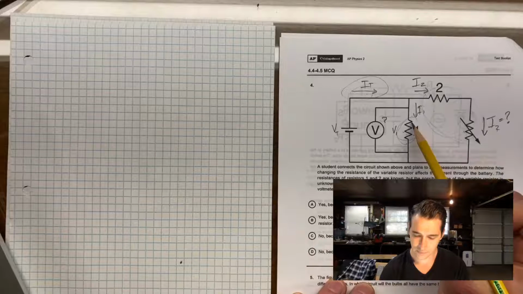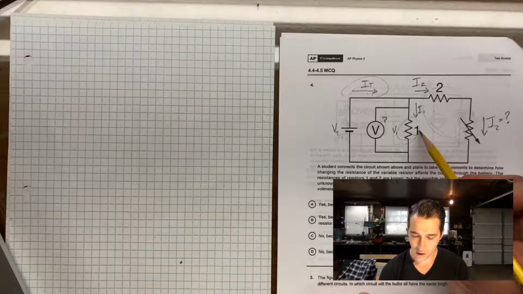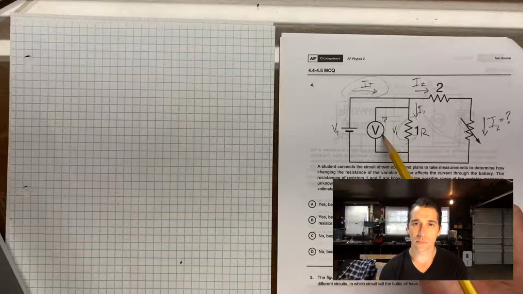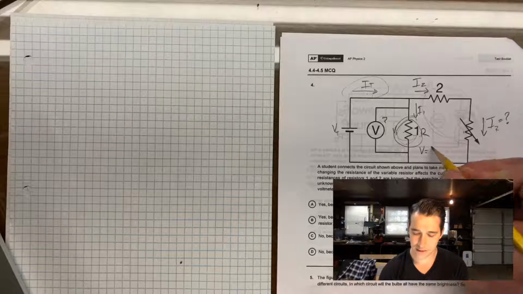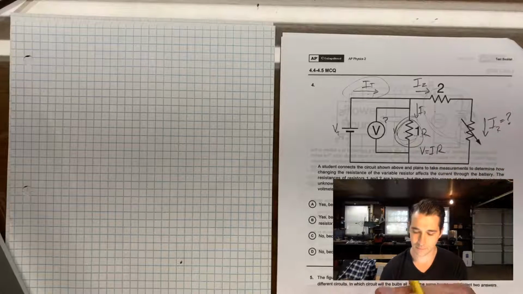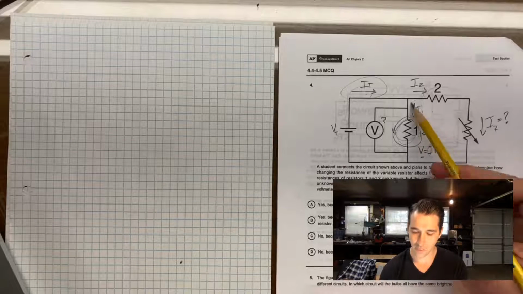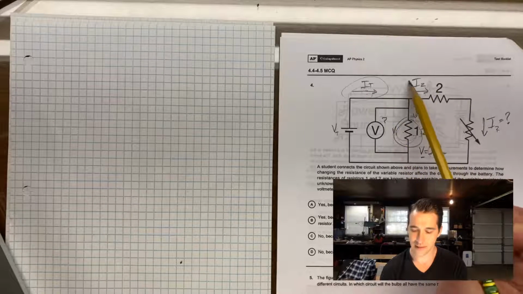You see this and you say, all right, I know R, I know the voltage here, so I could use Ohm's law, V equals IR. I know R, I know V, I can find I1. Now I just need the I from the battery, the I total, and then I know I2.